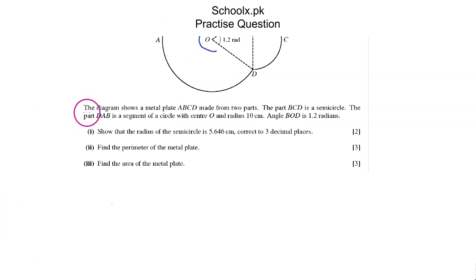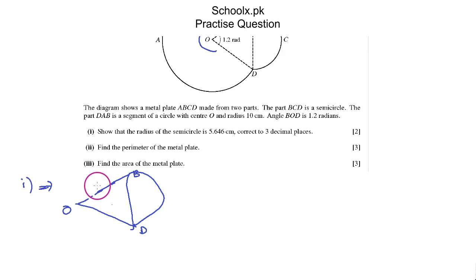So moving on to part 1, this is B, this is O, this is D, and here is our semicircle. Alright, and this is 1.2 radian, this is 10, and so is this.